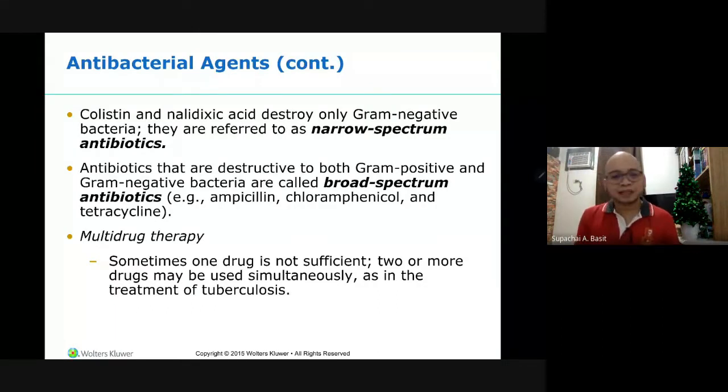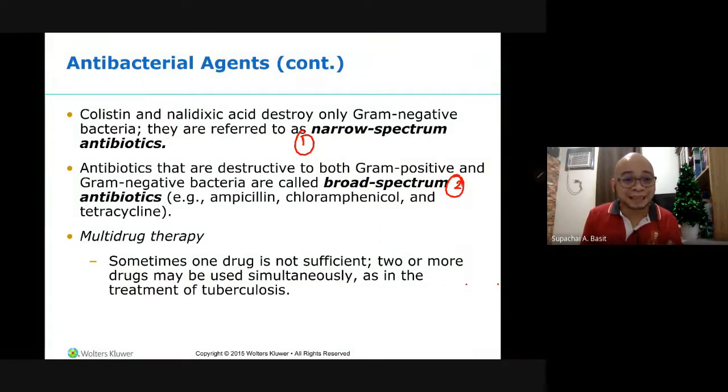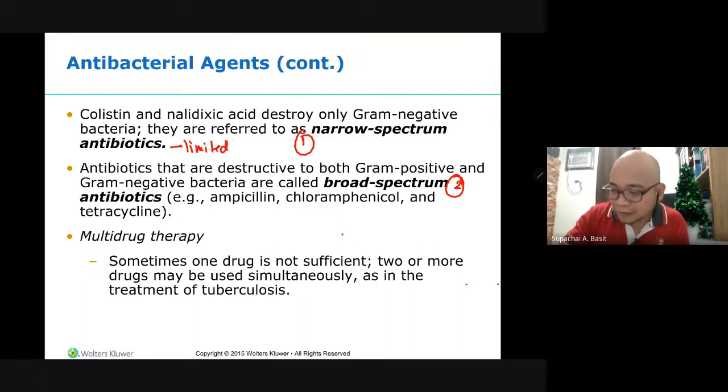There is also a classification of antibiotics according to the range in which they have their effects. Antibiotics or antibacterial agents can be classified as narrow spectrum and broad spectrum. When you say narrow spectrum, it can only kill or inhibit limited types of bacteria.